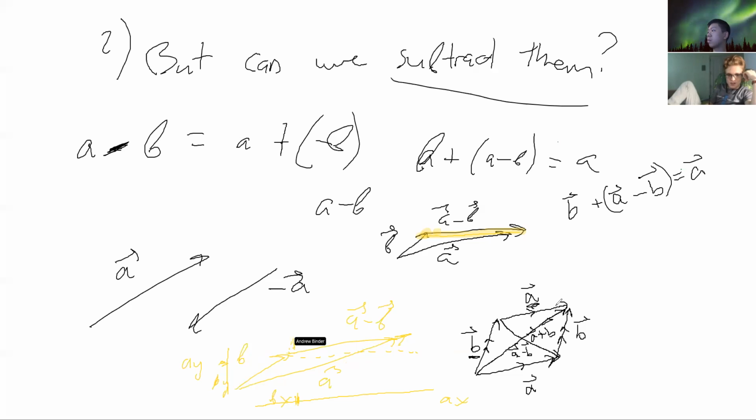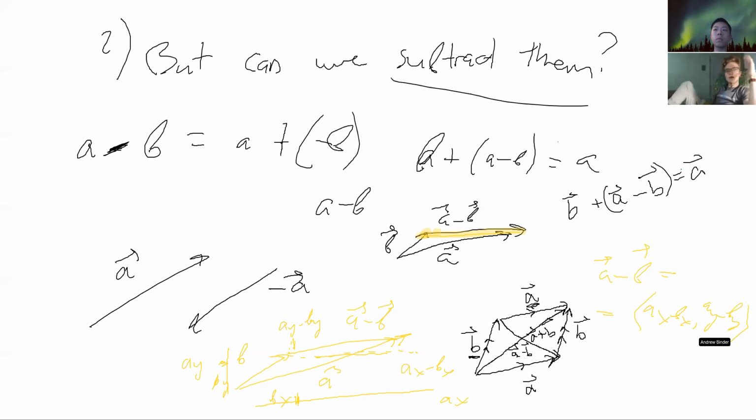Well, this is obviously ax minus bx, and this is ay minus by. And there's your explanation for why you can just subtract the components: ax minus bx, ay minus by.